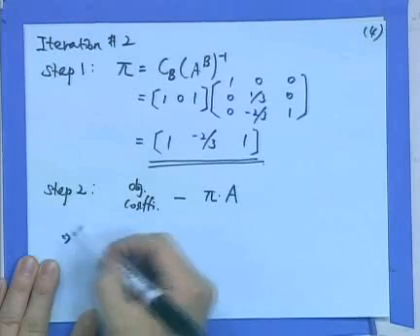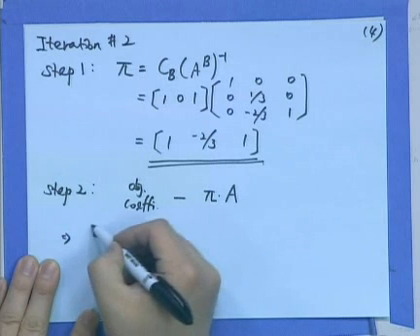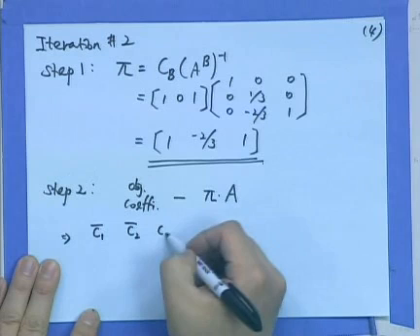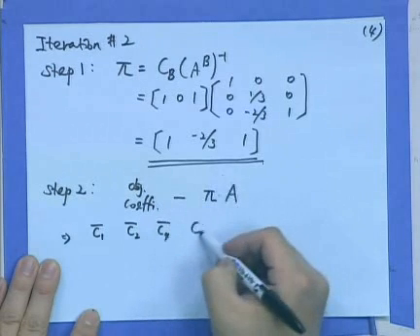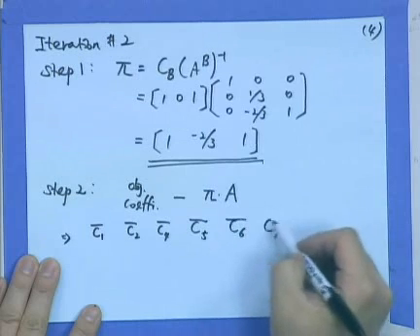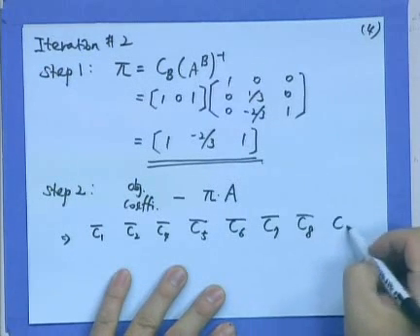So let me write down. Currently the non-basic variables are x1, x2, x4, x5, x6, x7, x8, and x10, right?